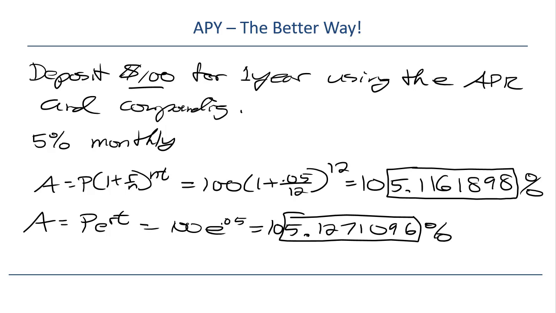Well, if we start with 100, then whatever we have is an automatic percentage, right? $10 is 10% of 100. $5 is 5% of 100. So by starting with 100 and doing it for 1 year, we can calculate our percentage, and we don't have to memorize a new formula. We already know the formula for compound interest. We already know the formula for continuous compound interest, and we can use those to calculate APY the better way.